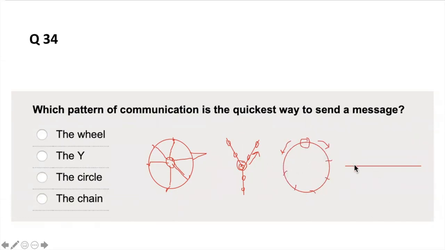And finally, the chain is similar to the situation with the circle, and the leader in the beginning, who wants to send a message, has to communicate with the next person, and then the next person, and the next person, and at the end, of course, there's no loop like the circle, so the last person may get a distorted message. So which pattern of communication is the quickest way? The quickest seems to be the wheel, for the reasons I just mentioned.